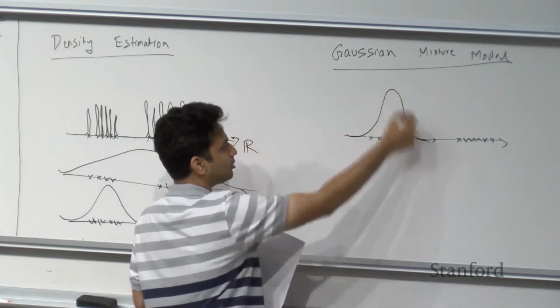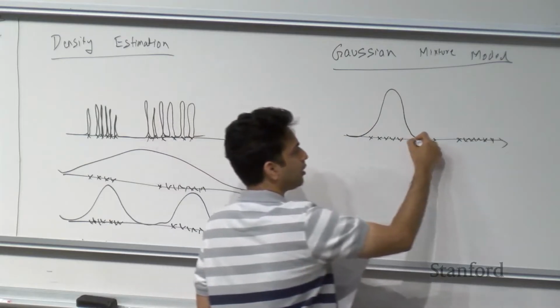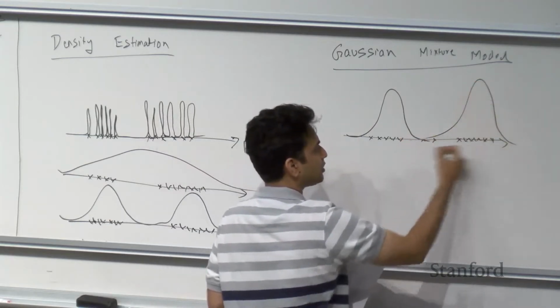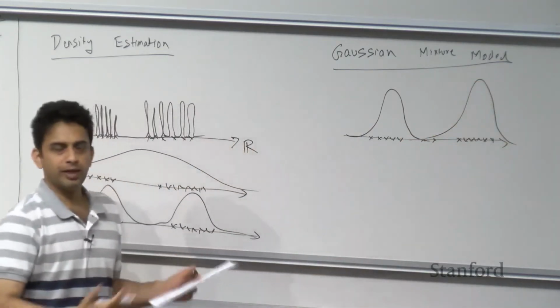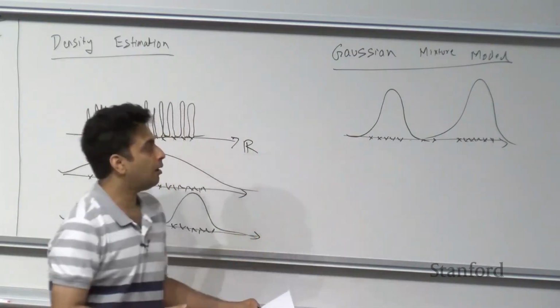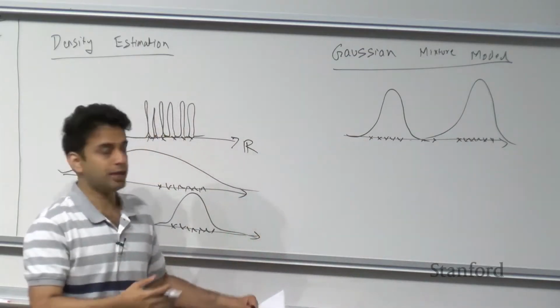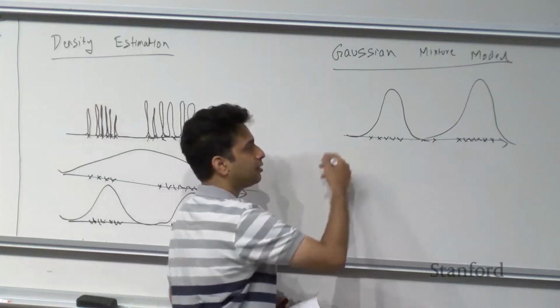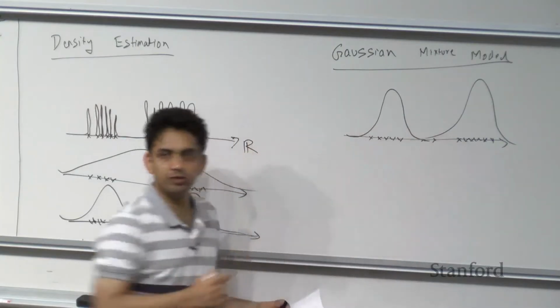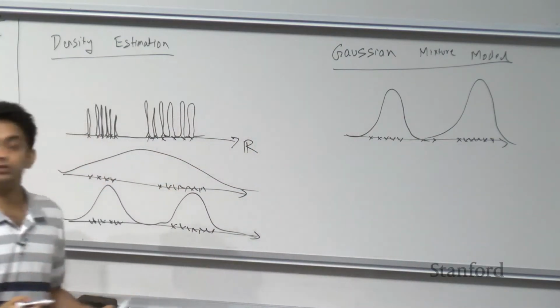There is one Gaussian distribution from which these were sampled, another Gaussian distribution from which these were sampled, and together you can take the sum of these two Gaussian probability distributions and say this entire data set is sampled from a mixture of these two Gaussians.